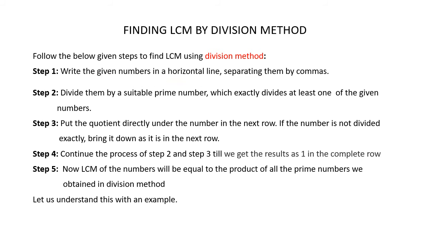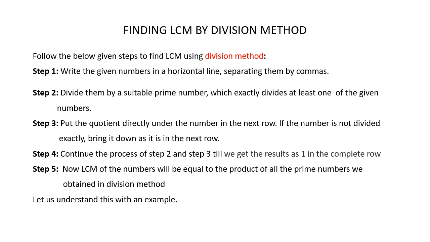In step 2, divide the numbers by a suitable prime number which exactly divides at least one of the given numbers. In step 3, put the quotient directly under the number in the next row. If the number is not divided exactly, bring it down as it is in the next row.